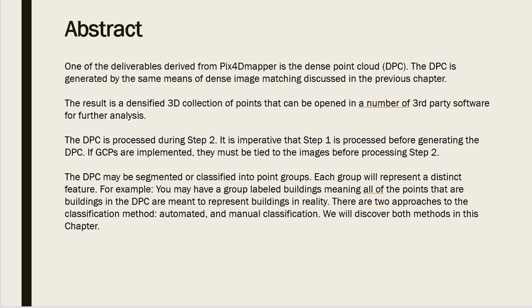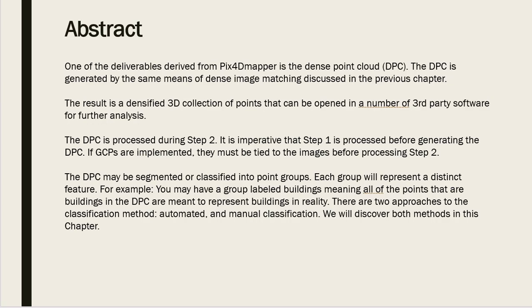One of the deliverables derived from Pix4D Mapper is the dense point cloud, or DPC. The DPC is generated by the same means of dense image mapping discussed in the previous chapter. The result is a densified 3D collection of points that can be opened in a number of third-party software applications for further analysis.